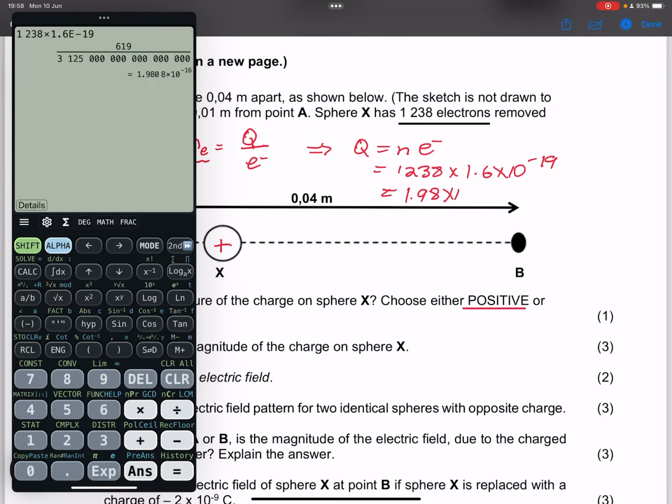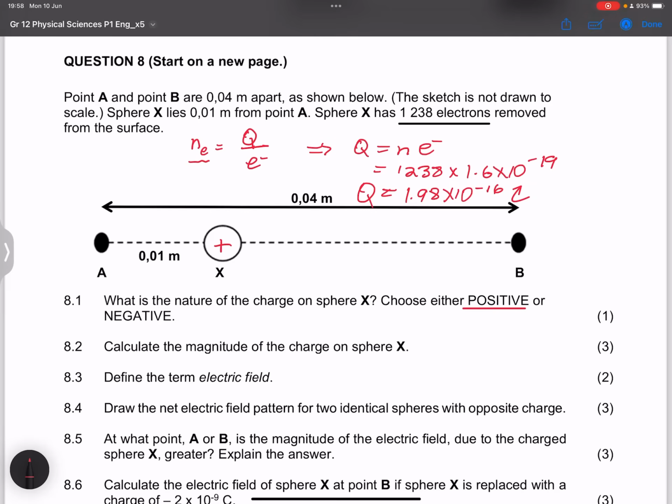And that is the charge on that sphere X. Remember it is positively charged. So that would be the magnitude of that charge, in coulombs.